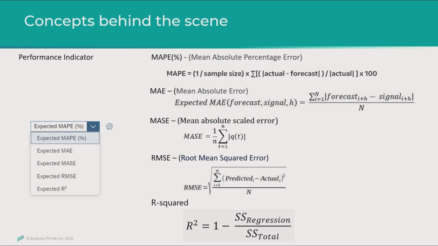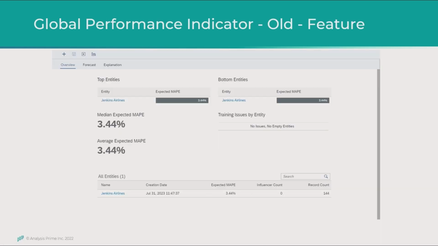And now we have these metrics available to show in a global performance indicator. The last version of SAP Analytics Cloud did not have the possibility to use a different metric, and those metrics define the accuracy of a forecast method. You would just see the heat map and mean absolute percentage error.